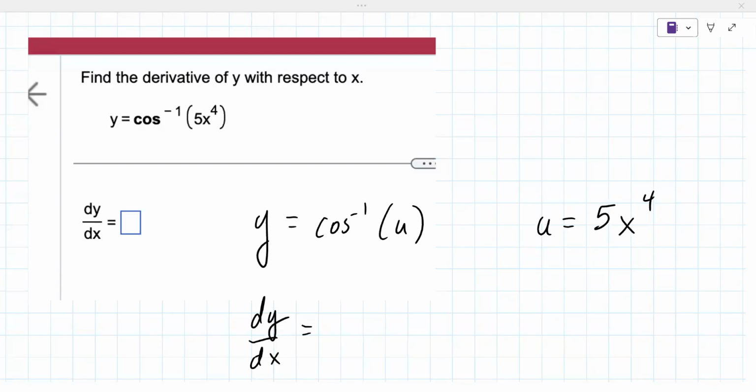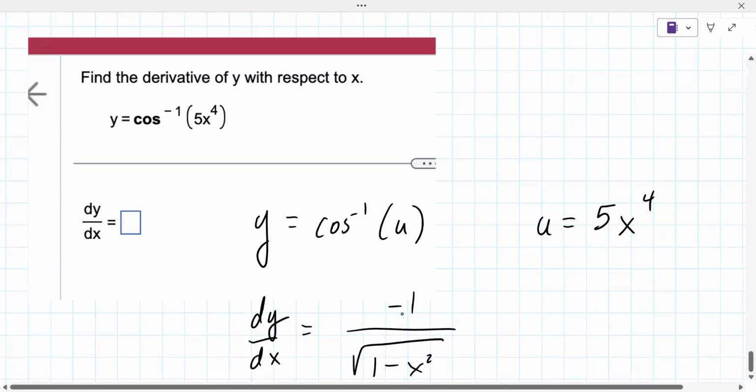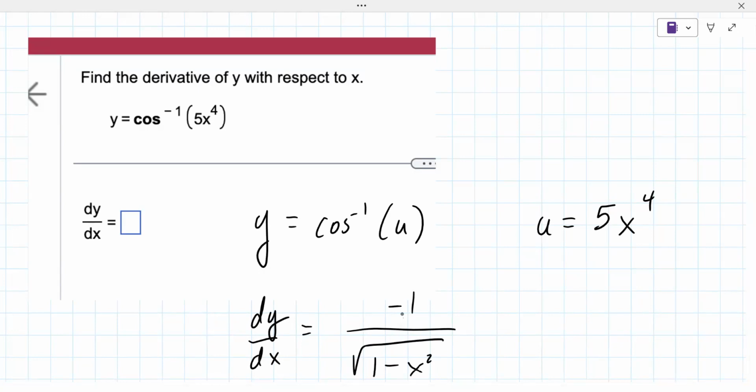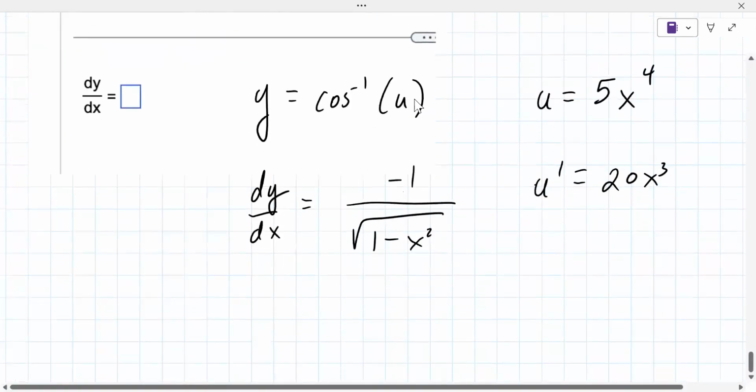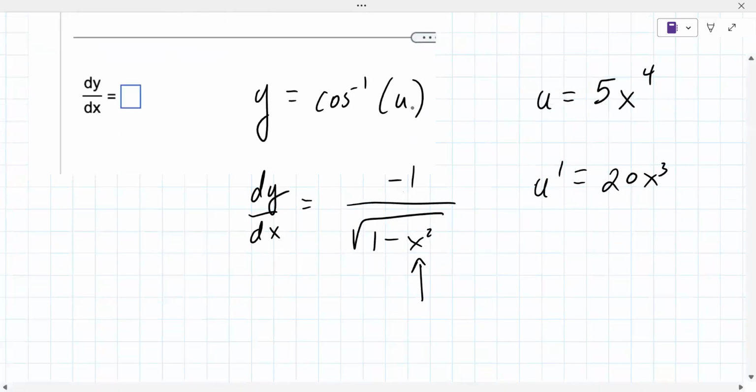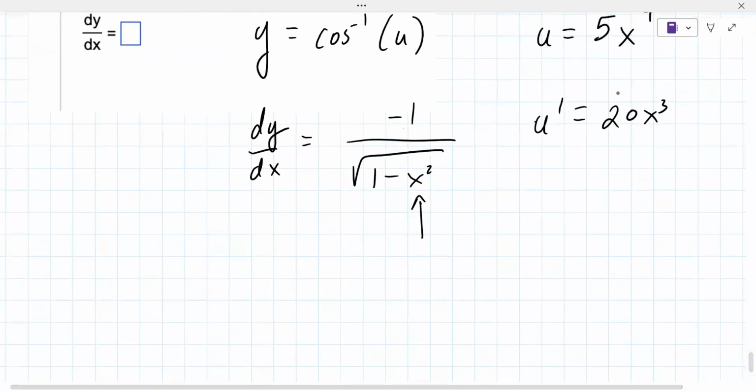It's -1 over the square root of 1 minus x squared. And then u prime is 20x to the third. So what's a little bit different about this one is u is really the x, so it's all of this squared. So it ends up being times, and really I should put u here and u prime.